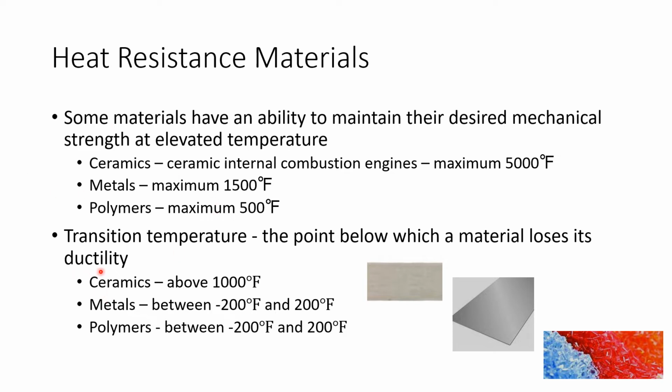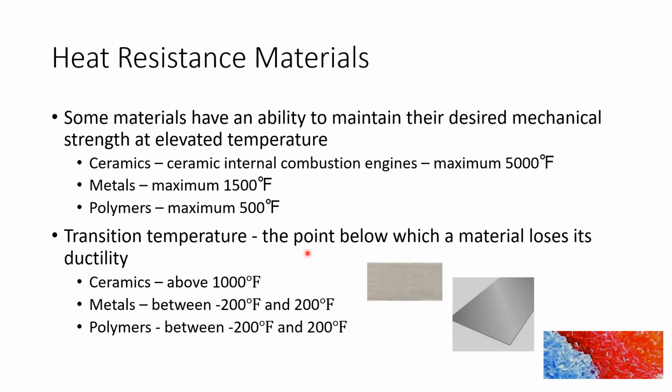If you forget what ductility is, you can review your physics. The material wants to maintain its shape, and it has the ability to sustain a large deformation under some sort of force, meaning they can prevent themselves from breaking. So they have that ability.